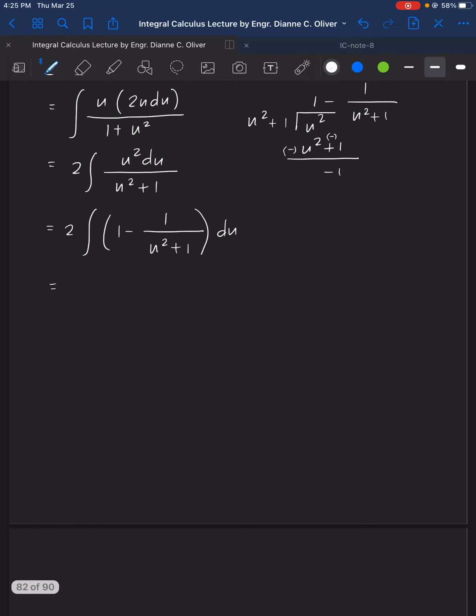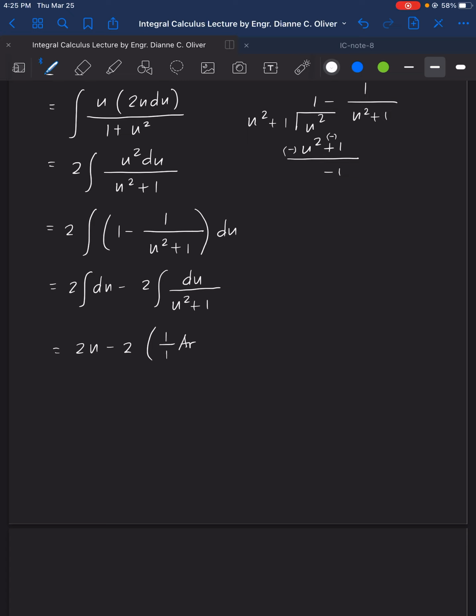Then distribute. This becomes 2 integral of du minus 2 integral of du over u squared plus 1. And this becomes 2u minus, this is actually an inverse function. For inverse we have 1 over a, and the a here is 1.